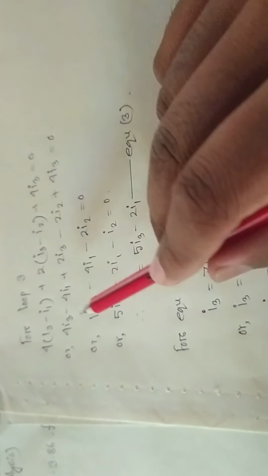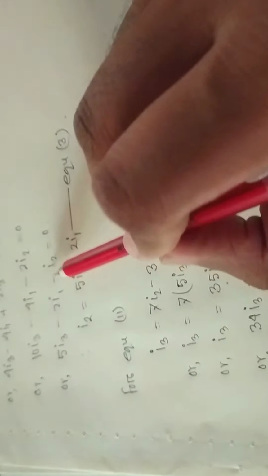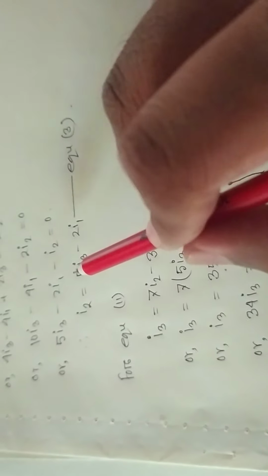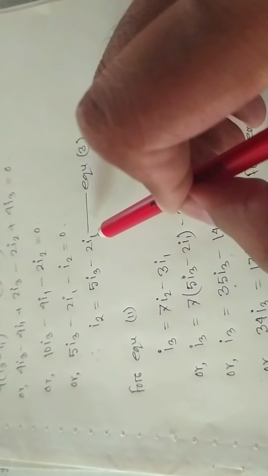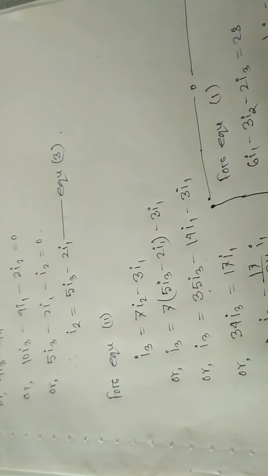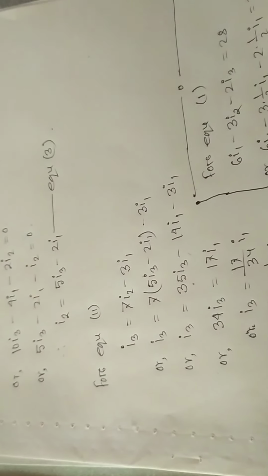Easily solving this equation, 5 I3 minus 2 I1 minus I1 equals 0, so I2 equals 5 I3 minus I1. We get 3 equations. Now calculate the I1, I2 and I3 values.